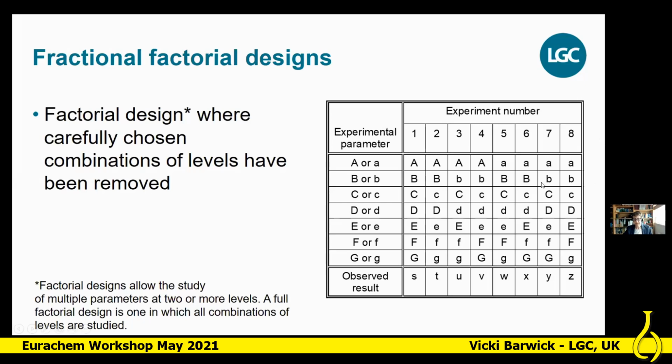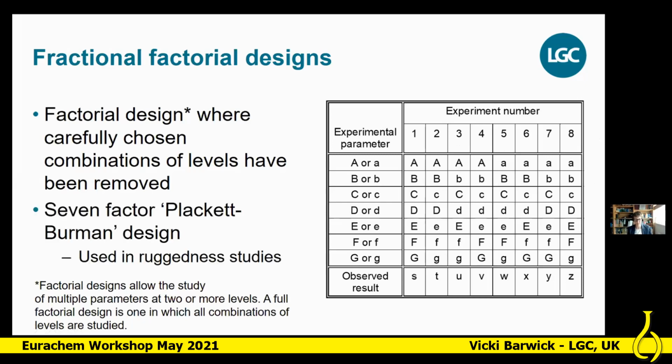So what I'm showing here is what's sometimes referred to as a Plackett-Burman design. So that is just a form of fractional factorial design, but it's one of the designs that's quite commonly used for doing formal ruggedness studies. So this design allows you to study up to 7 parameters. So we've just labeled them here A to G at 2 different levels.